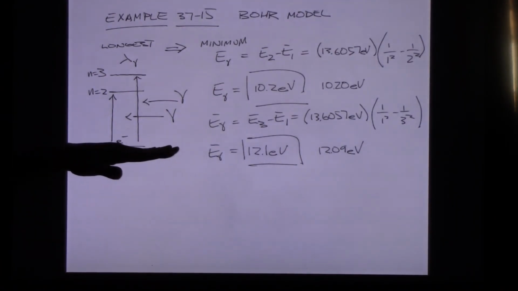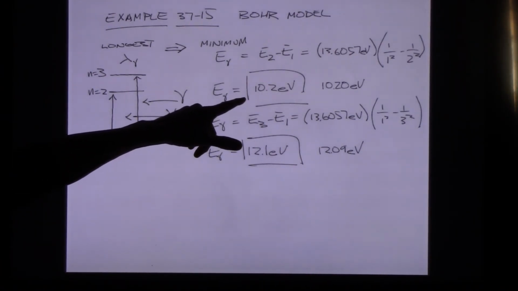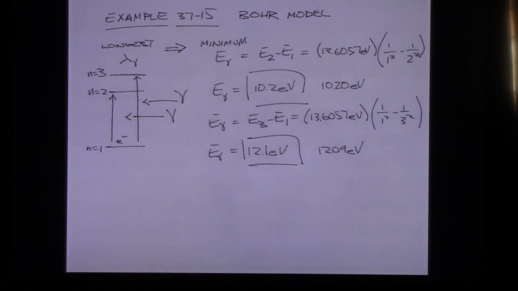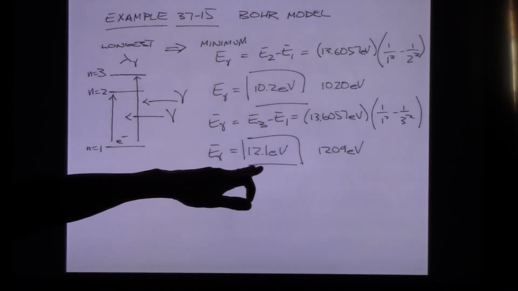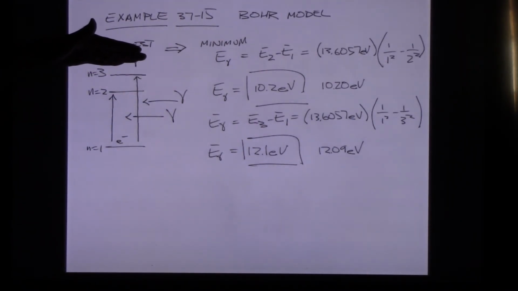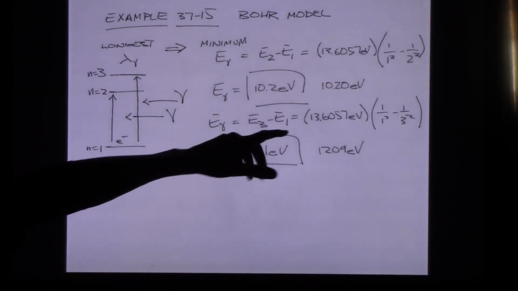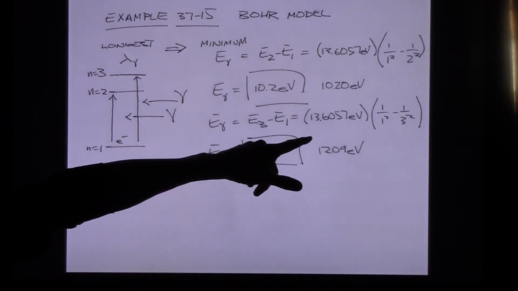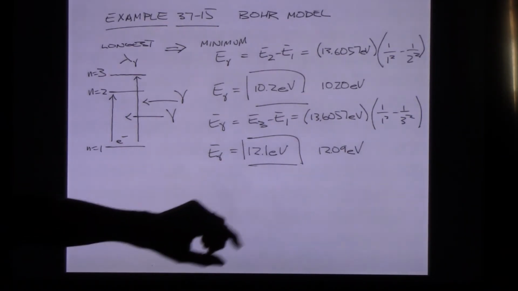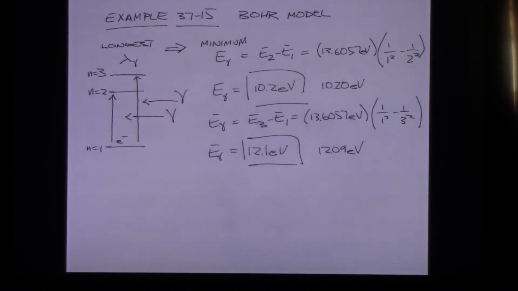Now, if I don't have a photon with this energy, what's the next lowest I could use? I could use 12.1. If I go in and calculate the energy of state 3 and subtract off the energy of state 1, that's what I get. Now, I'm using kind of a shortcut version on these, where I've got 1 over the final state, or, yeah, I guess we're adding photon energy here.